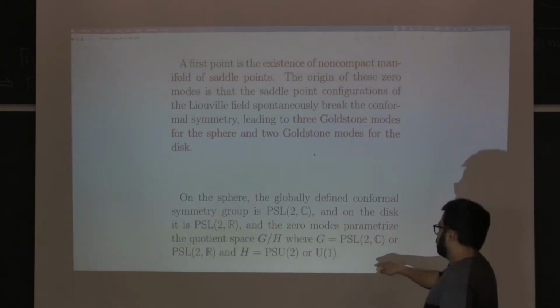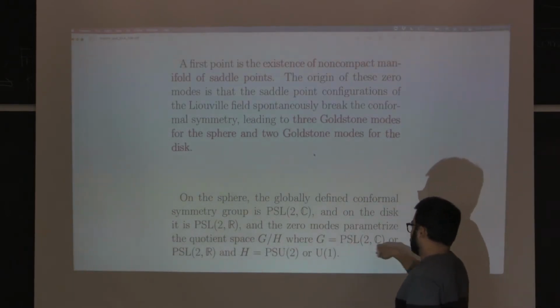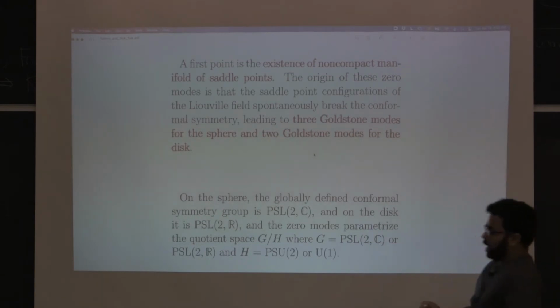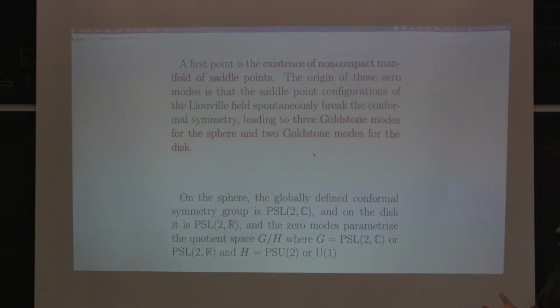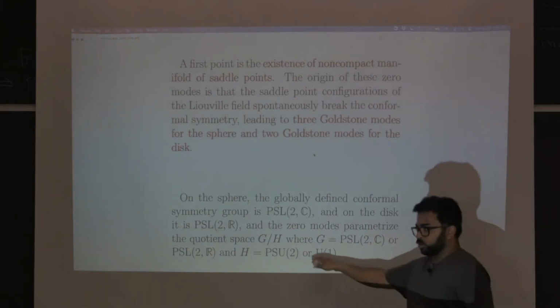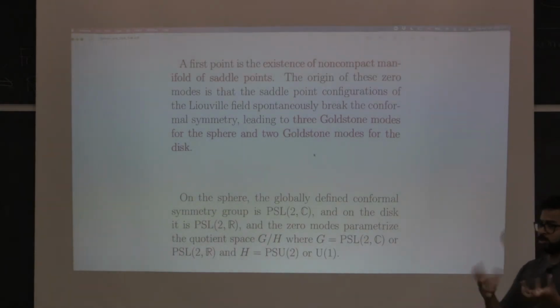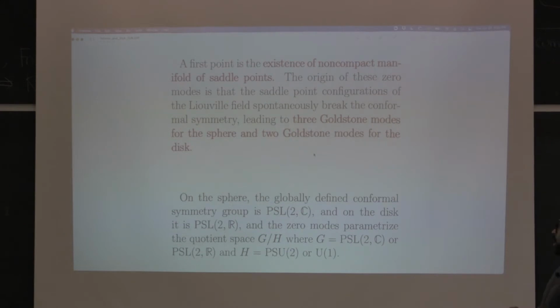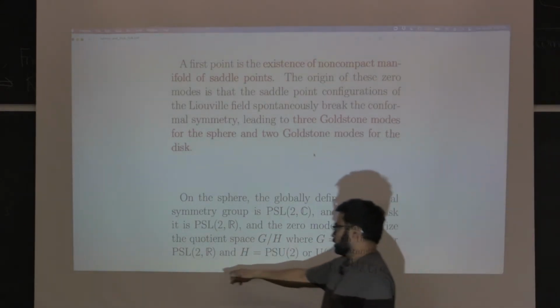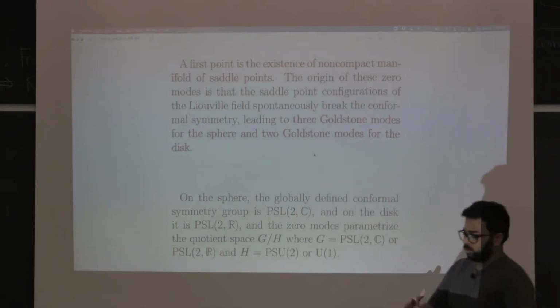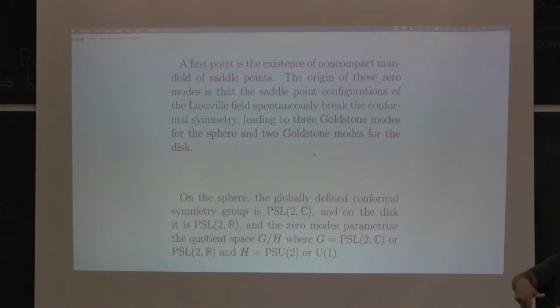In the case of the sphere, the big group is PSL2C, and the subgroup fixed by one of the saddle points, which I will show you, is just SU2. PSU2 is SO3, so those are just the rigid rotations of the sphere. For the disk it's similar: it's PSL2R, the transformations of the disk, and then there's just a U1 that doesn't do anything to the saddle point.